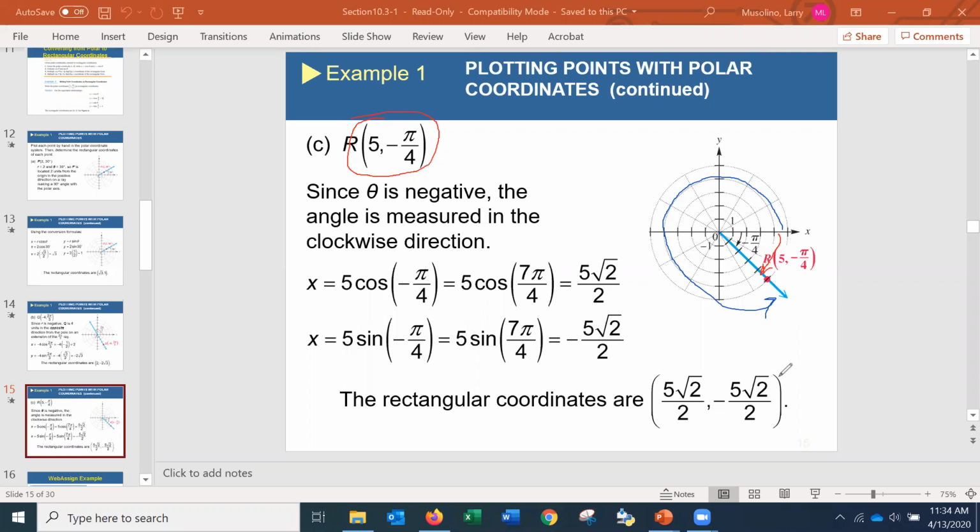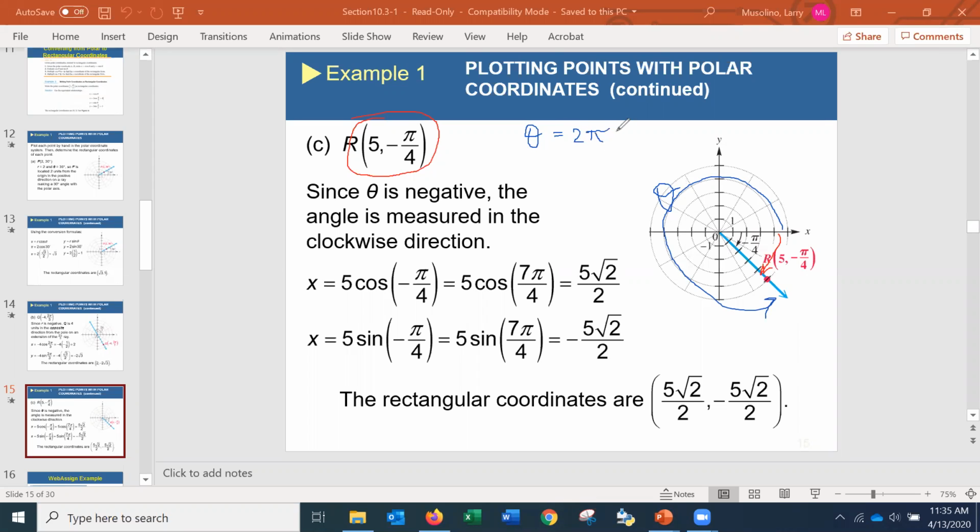Well, the way I can figure that out is to stay in radians. So I'm going to call this angle theta that we want to figure out here. If I want to know theta, I know the whole rotation around the circle is 2 pi.